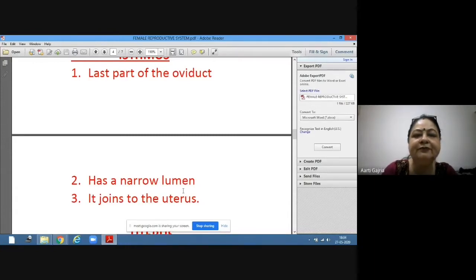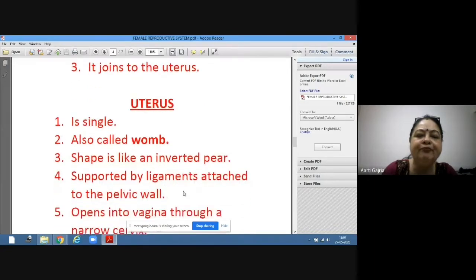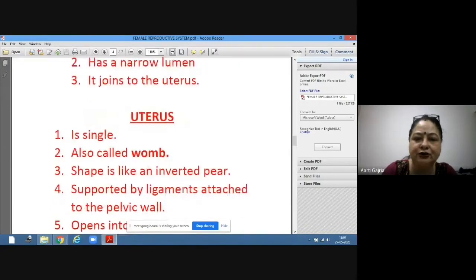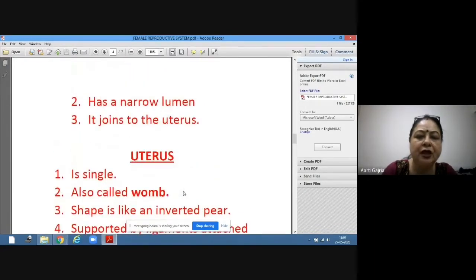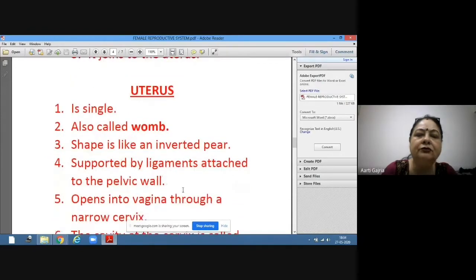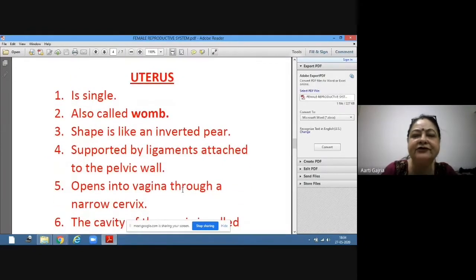And the middle part is ampulla, which is wider also. Now, the second duct is uterus. Uterus is single. It is not in a pair. There is only one uterus in the human female body. This uterus is also called womb.